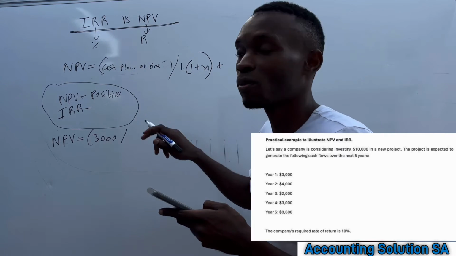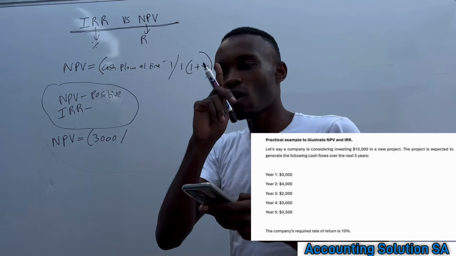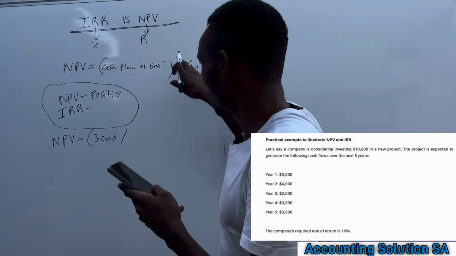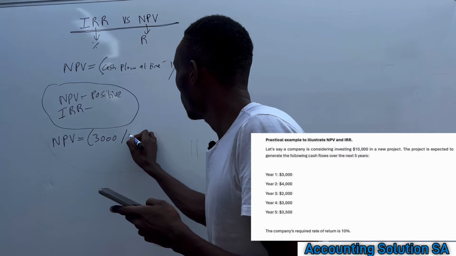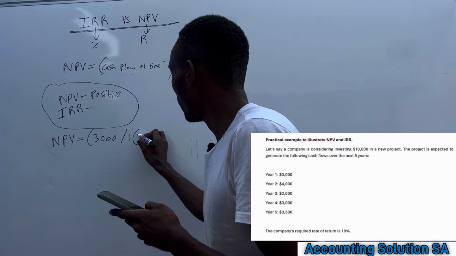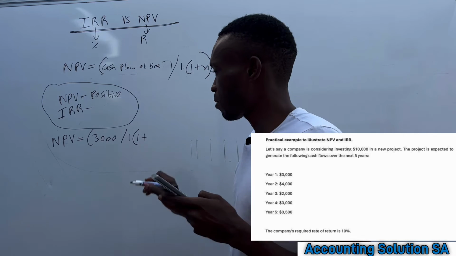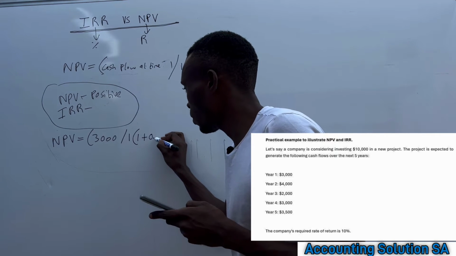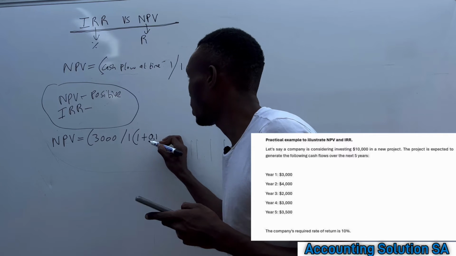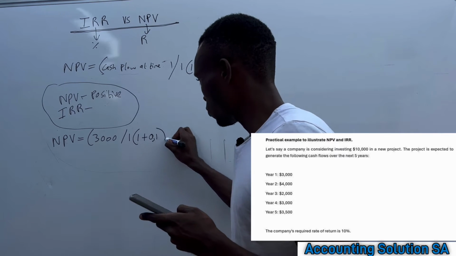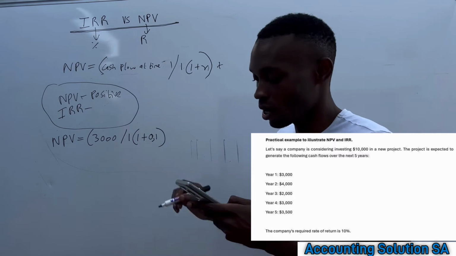This one is not a formula. It simply means that it's year 1. It's 3,000. Then we divide by 1, we open a bracket and say 1 plus the rate, they say 10%. Remember I said you have to write it as 0.1, not as 10%. Which means that we close for year 1 now.